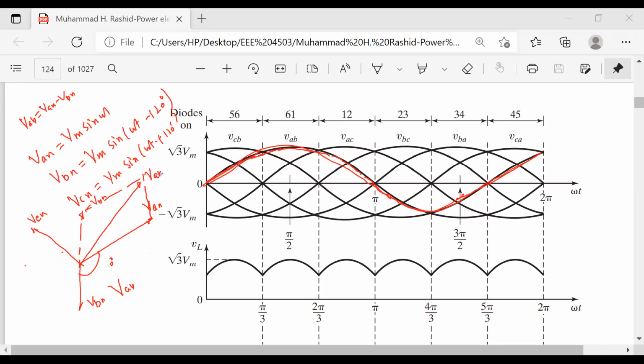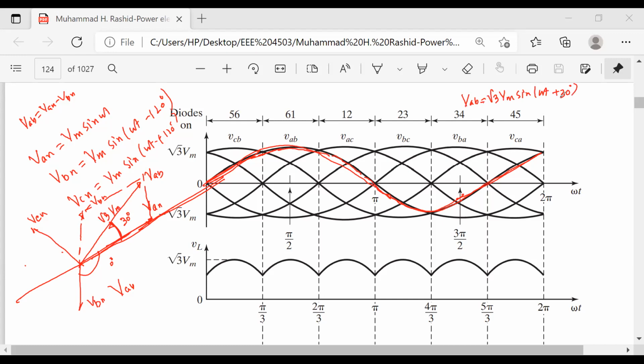This is your VAB, right? Suppose this is your reference, then what is this angle? Can you remember? 30 degrees. So then your VAB will be root 3 of your VM sine of omega t plus 30 degrees. Right or wrong? Yes, sir.